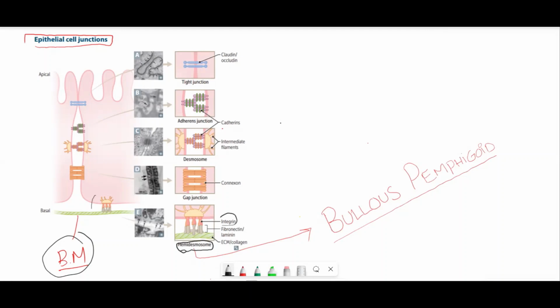Integrin is a membrane protein that maintains the integrity of the basolateral membrane by binding to collagen through fibronectin and laminin. The clinical point of view of the hemidesmosome is bullous pemphigoid. So what happens in this disease? Autoantibodies against the hemidesmosome lead to this disorder.